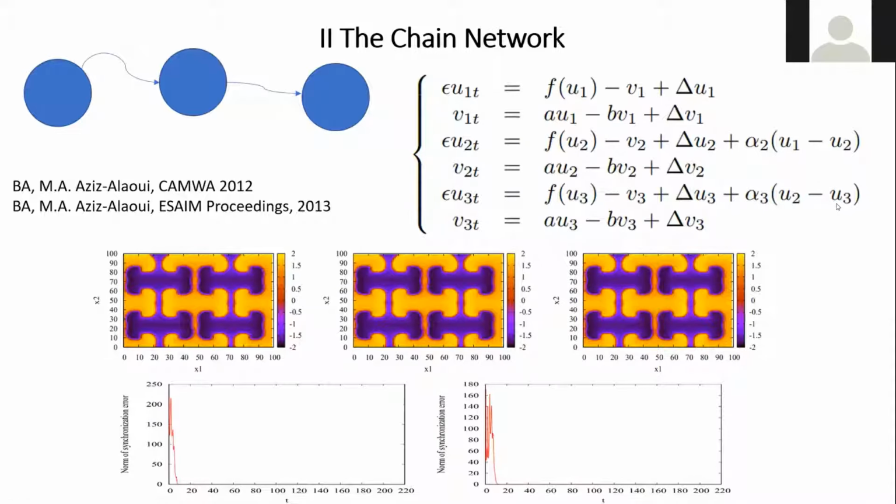All right, and so here you can see that if we consider, for example, the chain network with 3 nodes, for alpha 2 and alpha 3 large enough, all the solutions look alike. They look the same.